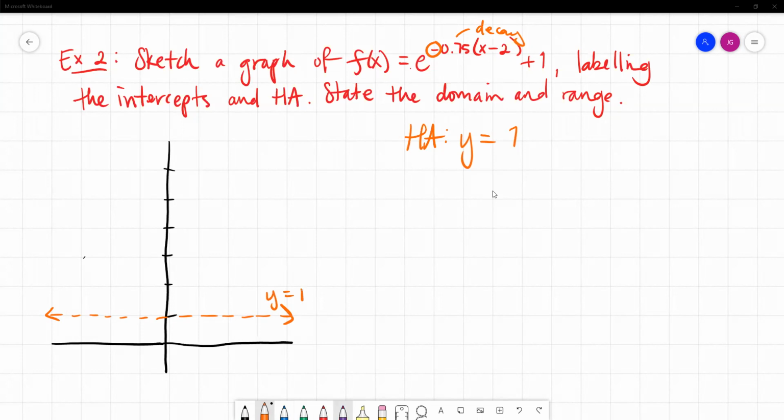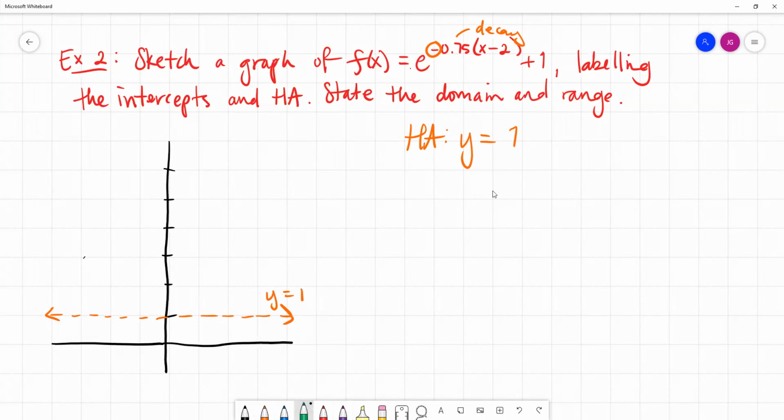We had a y-intercept at 5.482. 1, 2, 3, 4, 5.482 is like right here, kind of. Okay. And it's decaying, so it kind of looks like this, but better. Okay, just refer to your Desmos graph if you want a better picture.